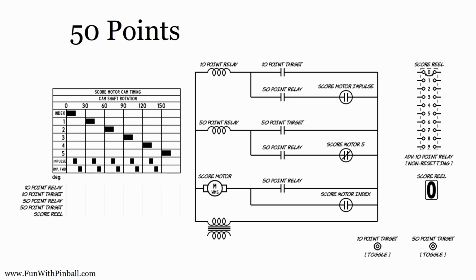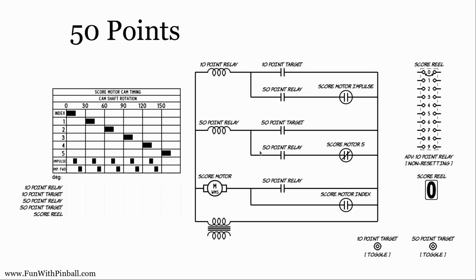They all do it. So the way this works is, the top path here gives me 10 points. The second path is what's going to give me 50 points. The 5 pulses are going to walk through there. Down here, I have a switch that's behind a 50-point target. That will close this switch here.